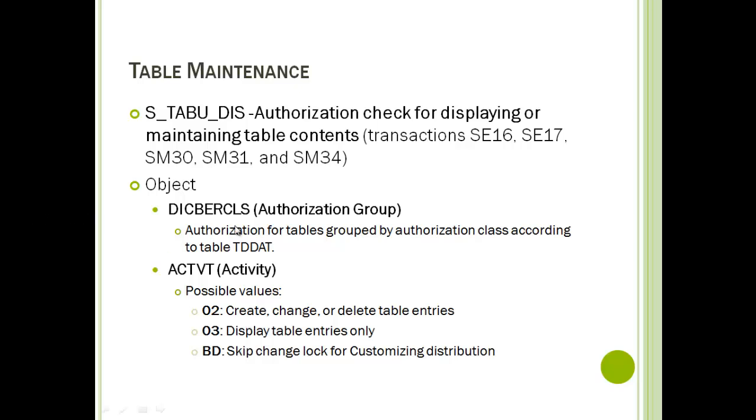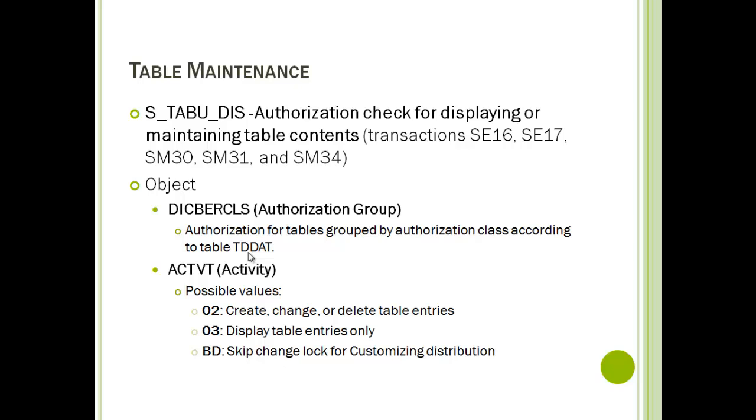And DICBERCLS means authorization group. Each table will have an authorization group. In our previous exercise, when we traced the function module, we saw it checking for an authorization group. So each table, or a number of tables, is assigned an authorization group.